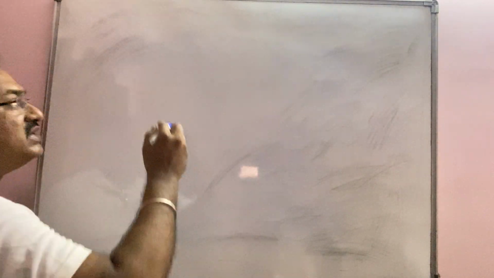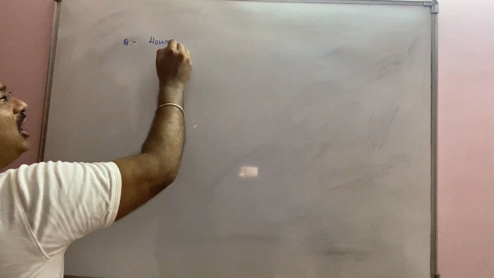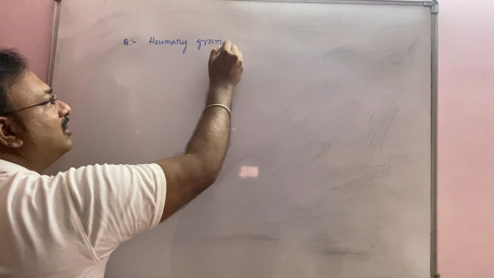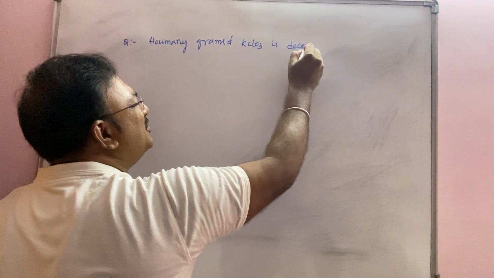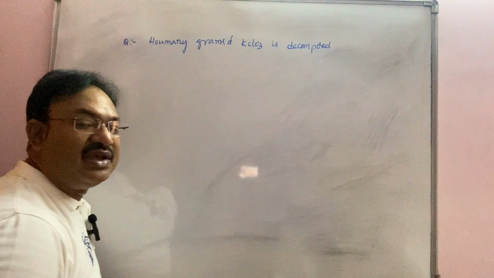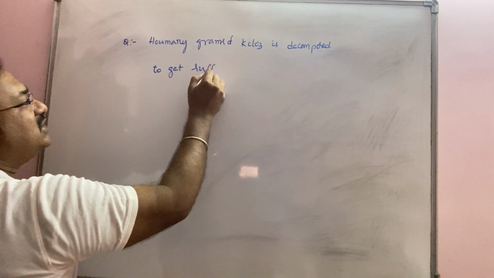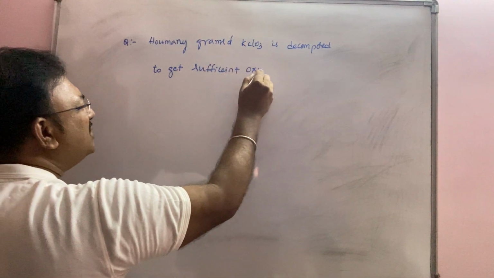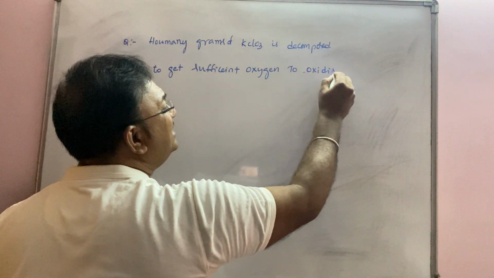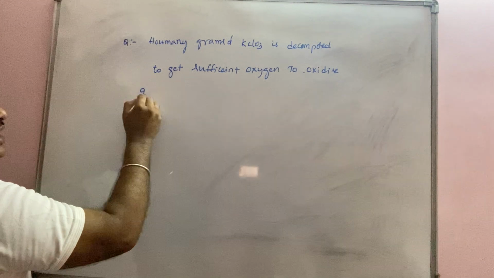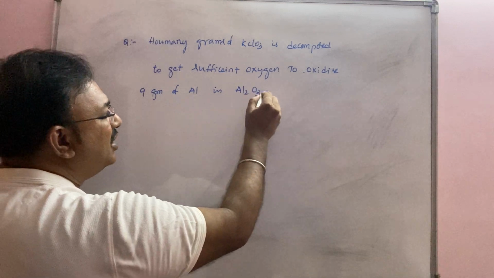Right. So the seventh question is, listen: how many grams of potassium chlorate is decomposed to get sufficient oxygen to oxidize 9 grams of aluminum into aluminum oxide or alumina?